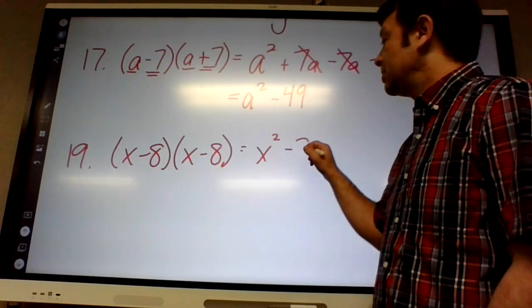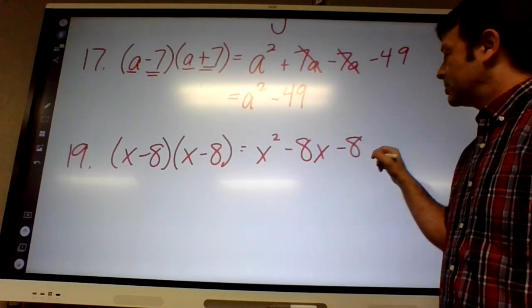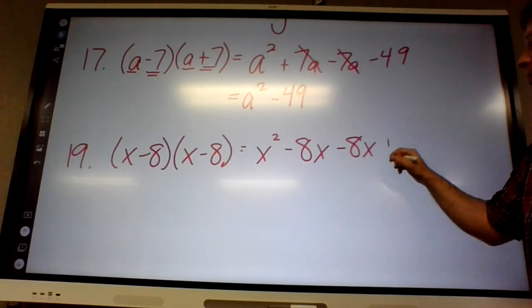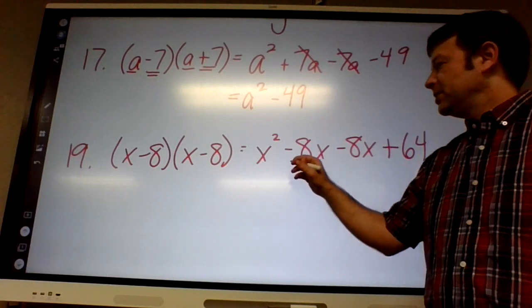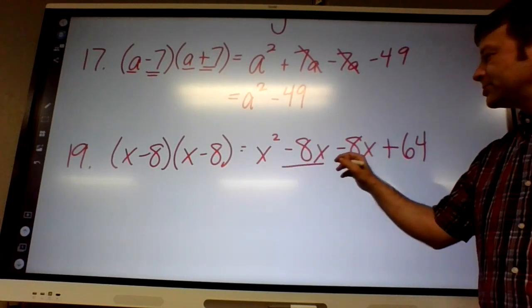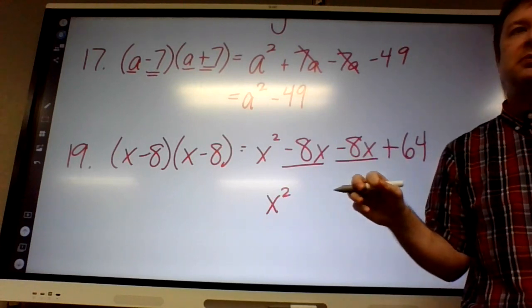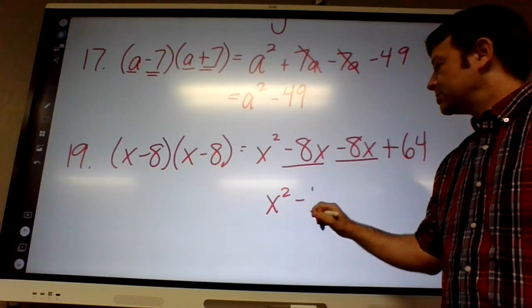Negative 8x. What's the inside? Negative 8x. And what's the last? Positive 64. Yes, you are correct. And then what's negative 8x minus 8x? Negative 16x. Yes, you are correct.